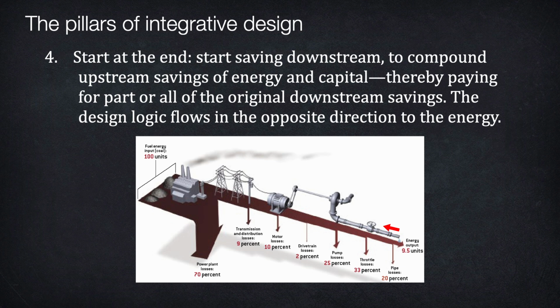That saves a lot more energy at the front or upstream end, and it also often makes all the components in between smaller, simpler, and cheaper. So in this pumping system diagram, energy is flowing from left to right, from fuel at the power plant to flow out the pipe, but efficient design should flow from right to left.